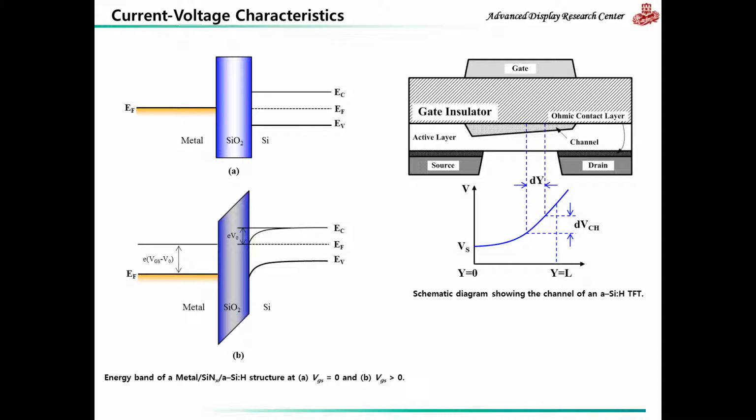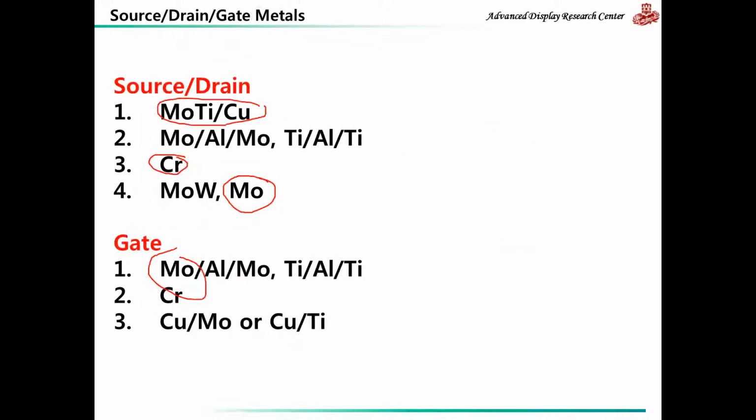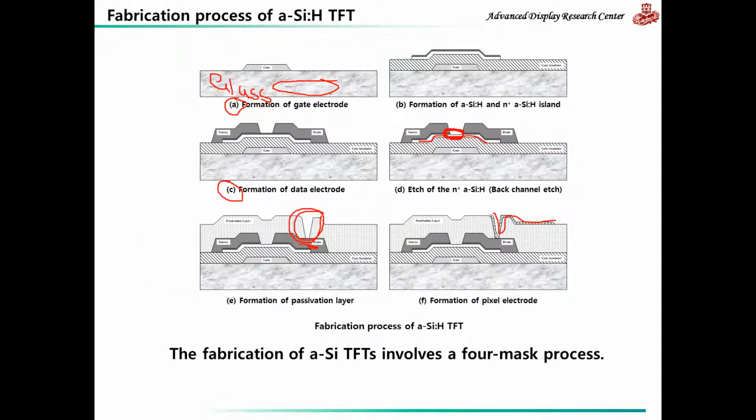Now, let's move on to the current voltage characteristics of amorphous silicon TFTs. Now, for simplicity, the current voltage characteristics of MOSFETs can be applied to TFTs in their characterization. Similar to MOSFETs, the central part of the TFT, this part, corresponds to a MOS cap.